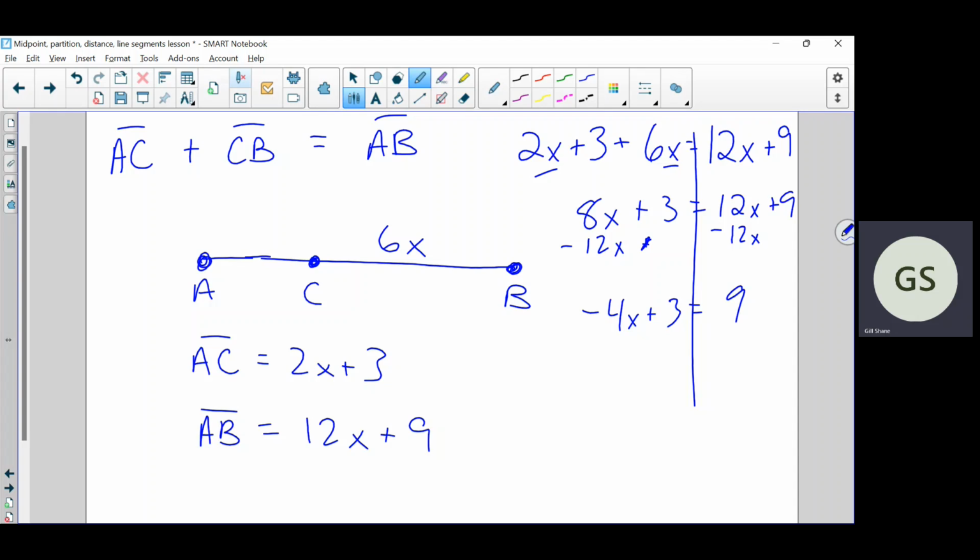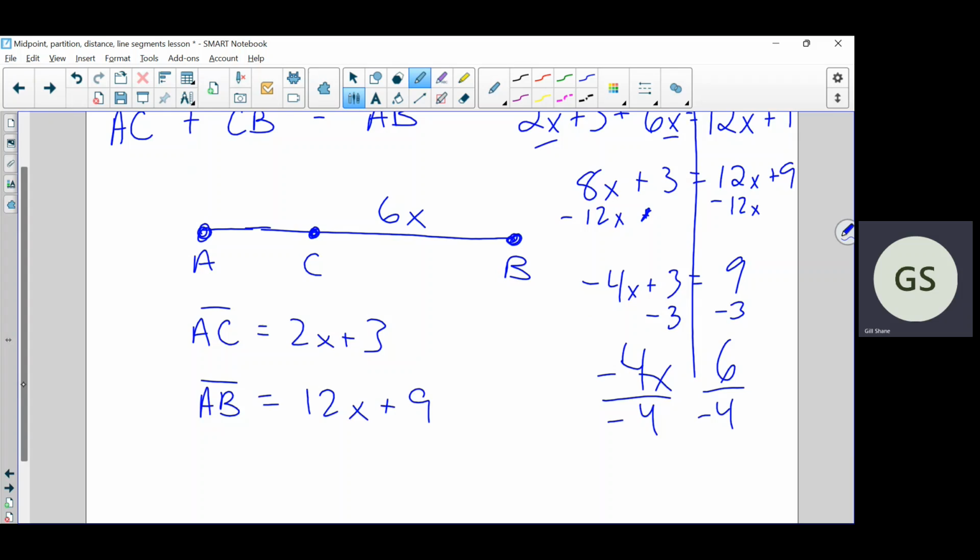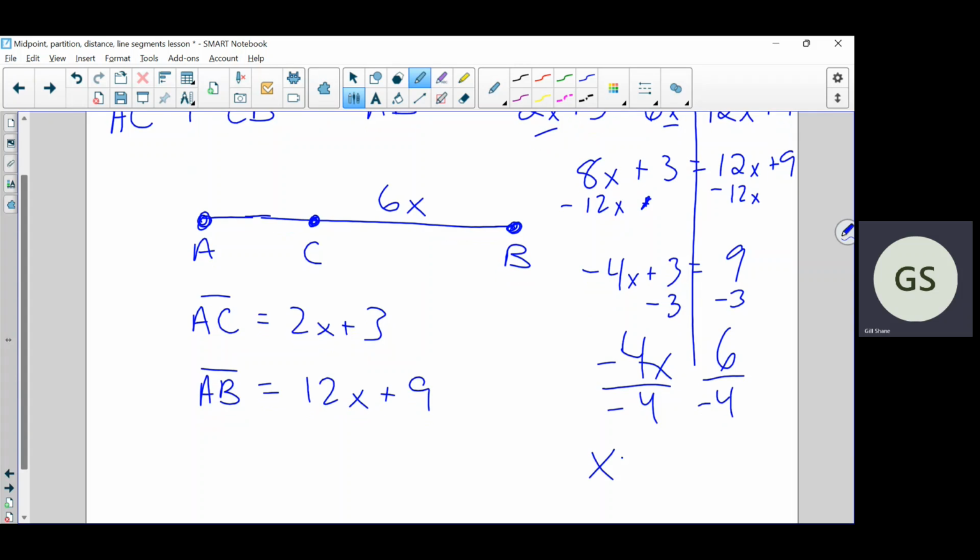So if this is the x, I start over here. So subtract 3, subtract 3. Negative 4x. So I make sure I divide by the negative. Don't forget to divide by the negative. So I get x is negative 1.5. 6/4 is 1.5.